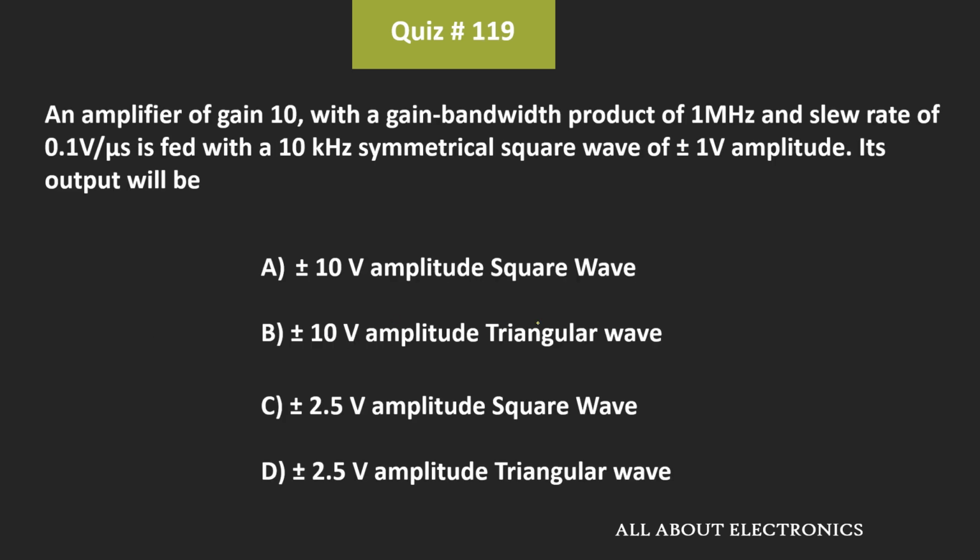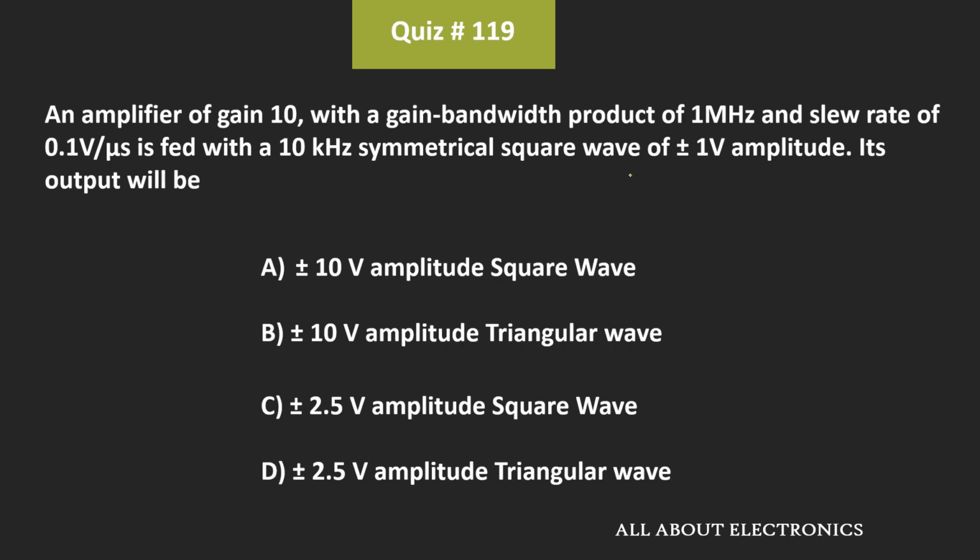So in this second question, we have been given that the gain of the amplifier is equal to 10 and the gain bandwidth product of the amplifier is equal to 1 MHz. Apart from that, we have also been given that the slew rate of this amplifier is equal to 0.1 volt per microsecond. And the input to this amplifier is a square wave.